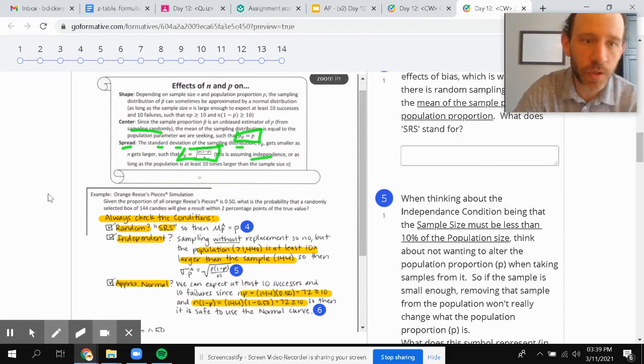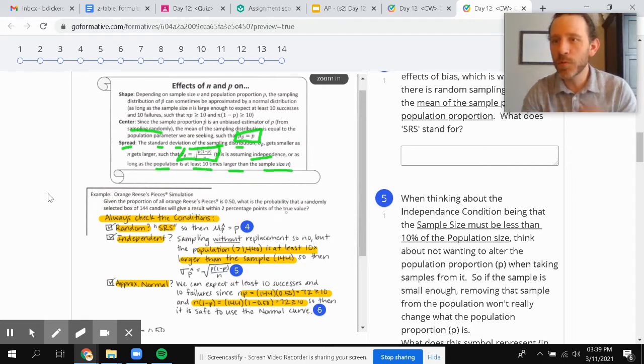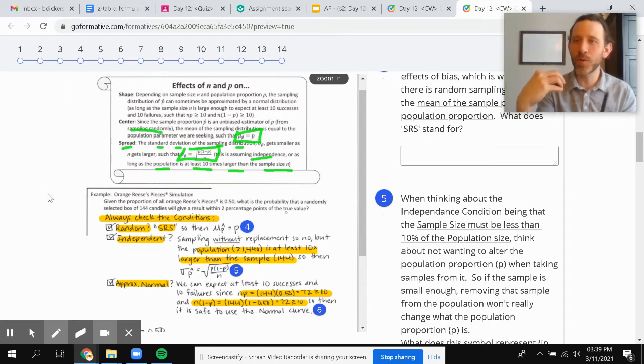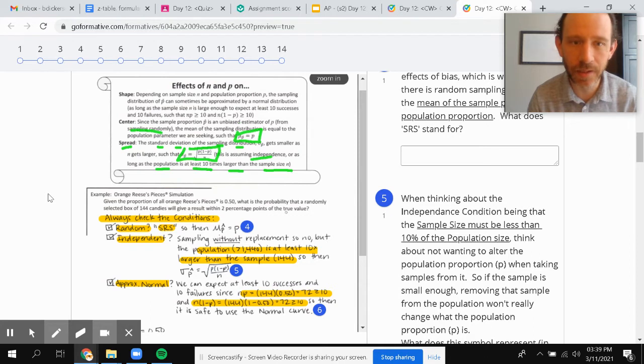So it's been determined that if your population is at least 10 times larger than the sample size, it won't really have much of an impact on the original population proportion when you take out the sample. The sample's still small enough, it won't really change what's left. You'll still have the same population proportion. That's important, and we can get into that a lot later, but let's get into our questions here.